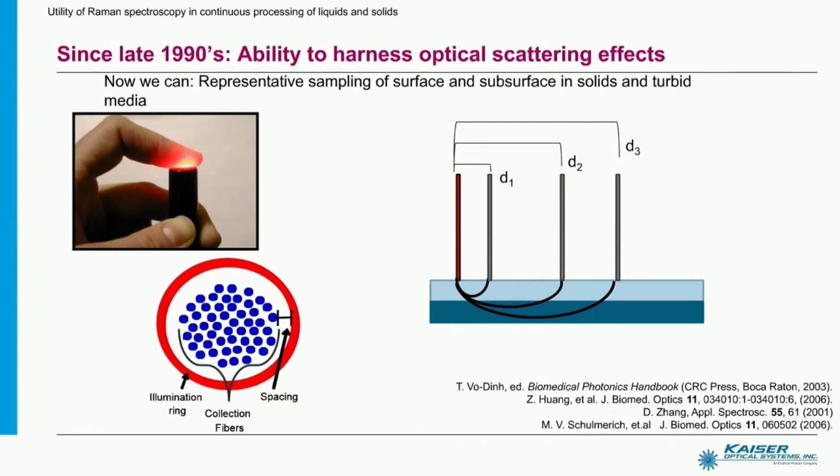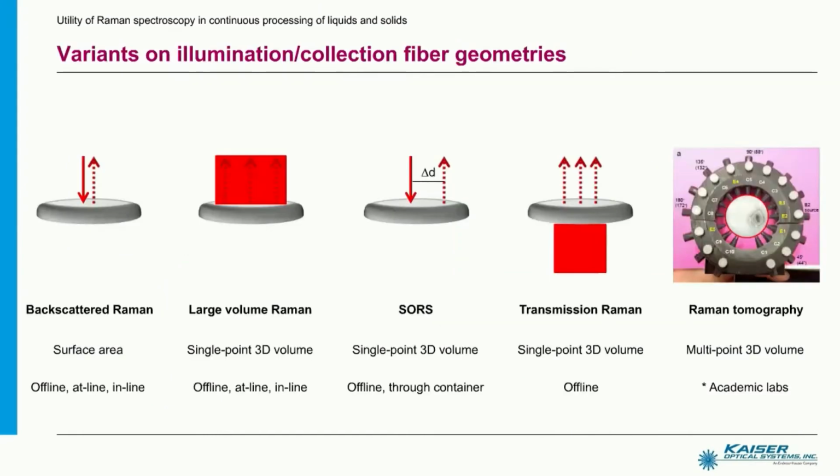And so nowadays we have a lot of different options, within the academic laboratory all the way up to process, industrial applications, where we can either harness the effect of optical scattering or minimize the effect of optical scattering depending on the process.